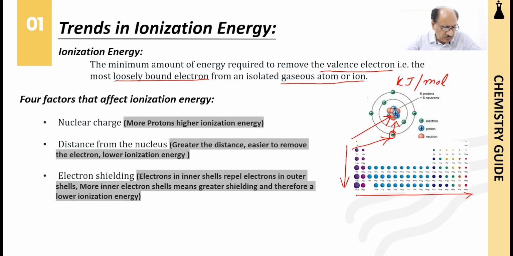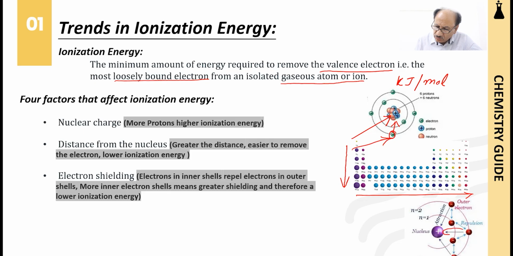The next thing affecting ionization energy is the shielding effect. Shielding effect is the hindrance faced by electrons when they are being attracted by the nucleus. The positive nucleus attracts electrons, whereas like charges, electrons and electrons, repel each other.